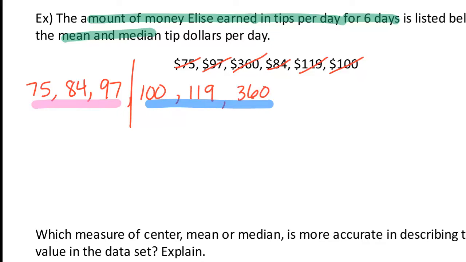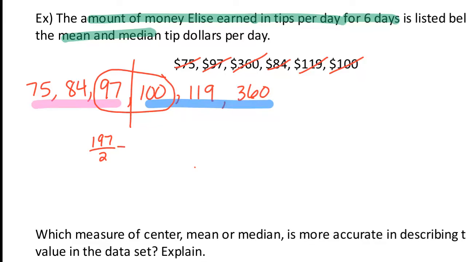I do not have a specific value here in the middle, right? So when that happens, you need to take the average of the 2 middle values, okay? So I'm going to take the 2 middle values and find the average between those 2. So what's 100 plus 97? We get 197.